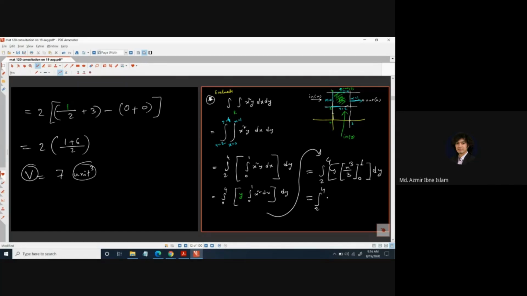Let's apply the fundamental theorem of calculus for the first integral. Here we have x. If we input 1, 1 cube by 3 will be 1 by 3. And if we input 0, 0 by 3 will be 0. So finally, we are getting this.